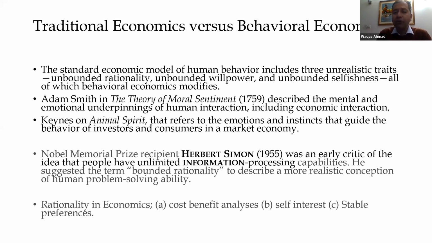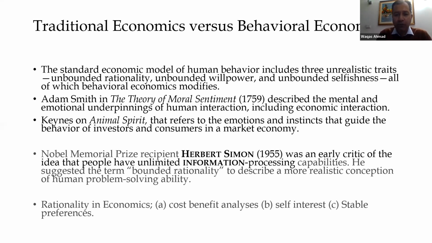So he talked about the role of emotions and other psychological factors, how they play out in economic interaction. But later on in economics, as I said earlier, in order to mathematically model human behavior, it was easier or more logical to confine it to the realm of rationality, because then it is more predictable behavior.